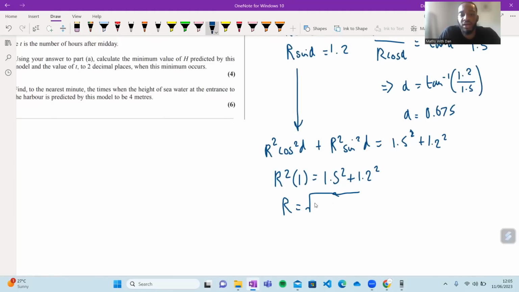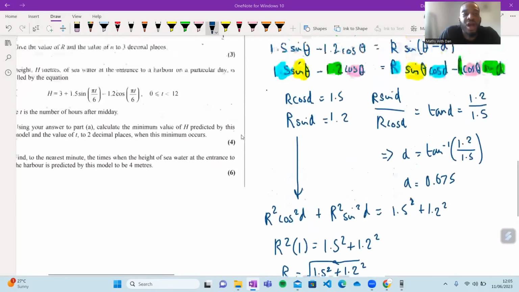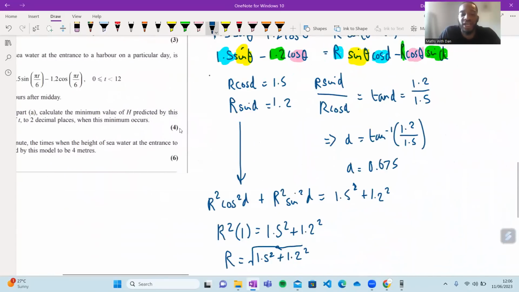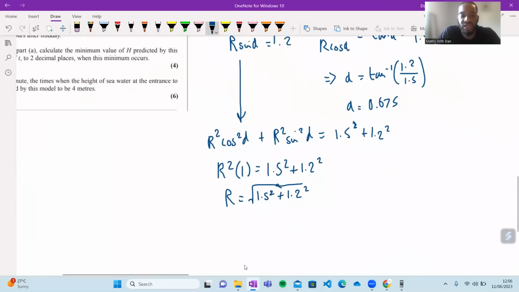So I'll just put that into my calculator, 1.5 squared plus 1.2 squared. We just check to make sure we're okay. I've just checked the message. This topic is harmonic identities. You know those modeling questions where you have to use this expression and they give it to you in some sort of model. Yeah, this is just harmonic trig identities, for somebody that just asked what topic this is in the chat.